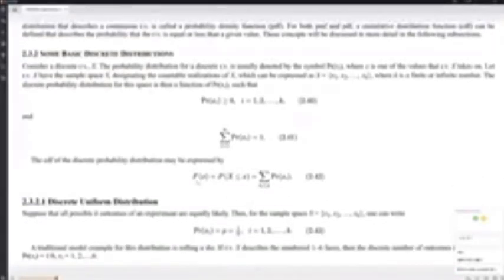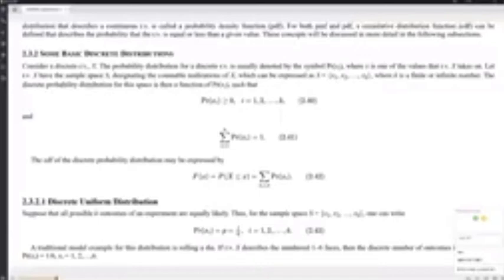And this is something called the cumulative distribution function. So the probability that capital X is smaller than or equal to small x.